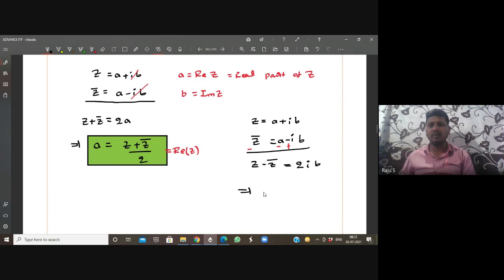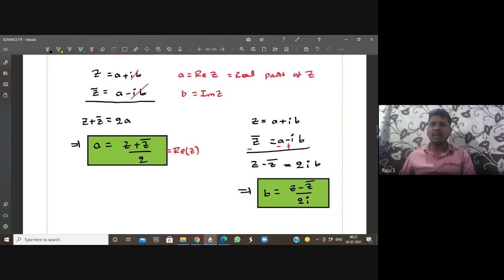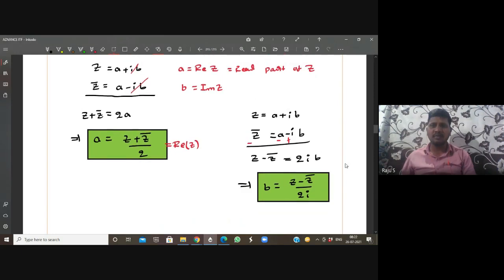But I require only b, not iota b. So b is equal to Z minus Z conjugate all divided by 2 iota. Is it clear? So b is called the imaginary part of Z. Imaginary part of Z is always given by Z minus Z bar by 2i.